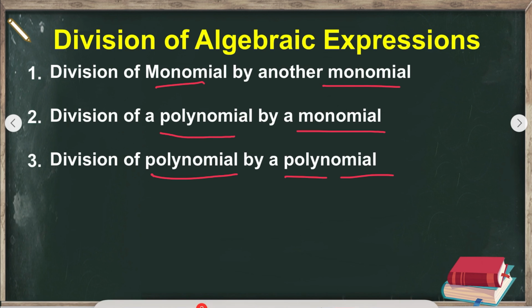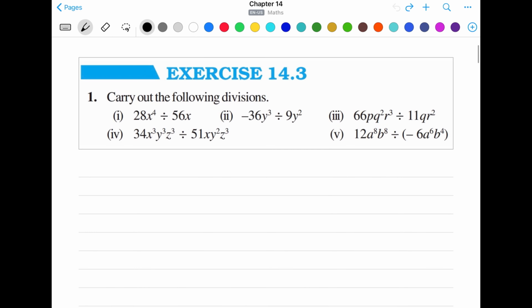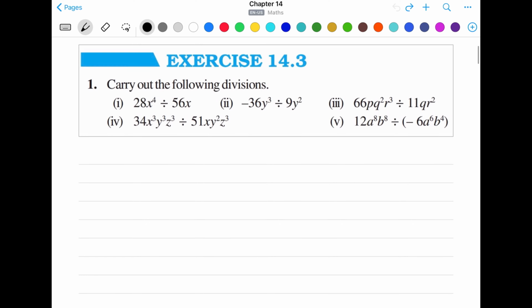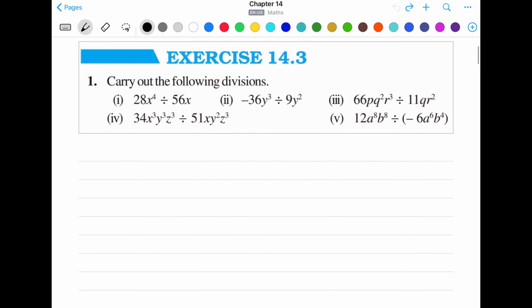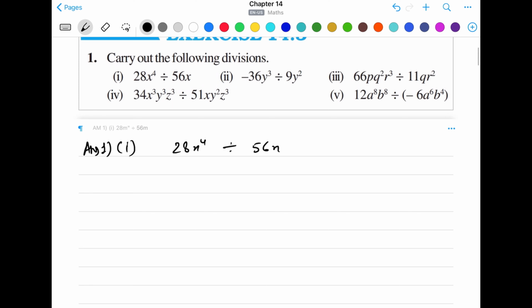Now let's start exercise 14.3. The first question here is carry out the following division. We are given certain expressions, and we have to do the division of them. Let's write the answer for part 1 first. We have 28 x power 4 divided by 56x. First we write this in division form.